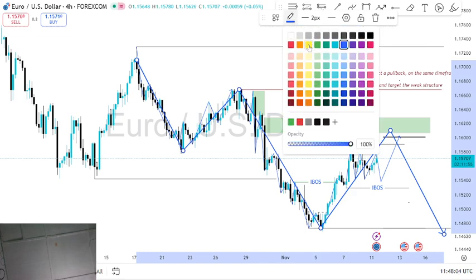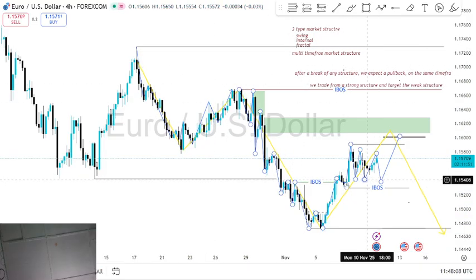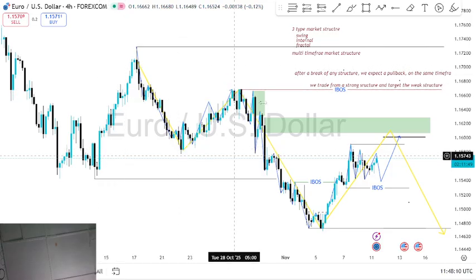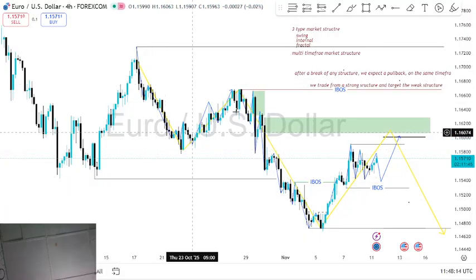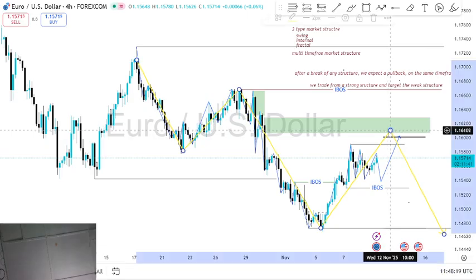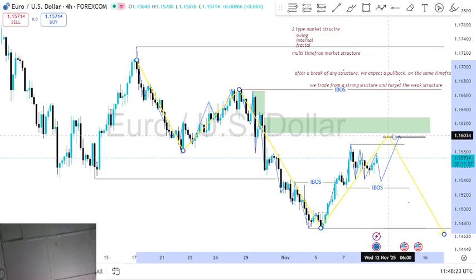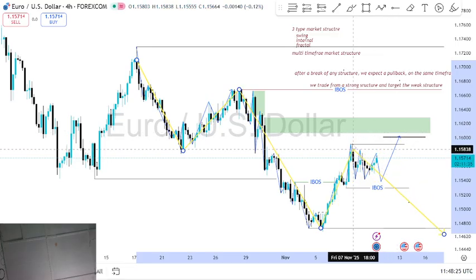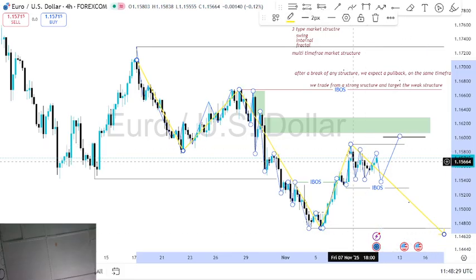Then use yellow. What you can see happening here is this internal structure is switching trend to facilitate this pullback. There is no guarantee that this pullback can pull back into here. It can be that here is where the pullback is pulling back to, and we can continue the move.